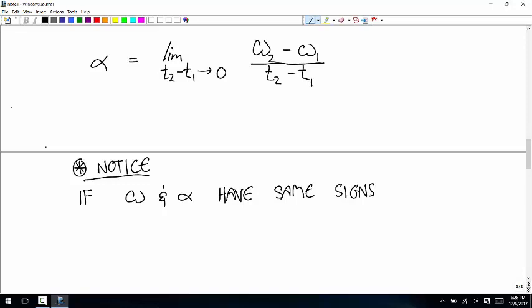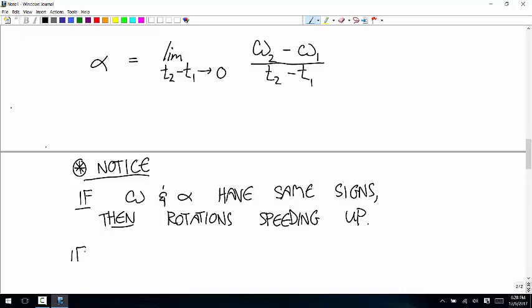So the rotations are speeding up. Exactly. And if omega and alpha have opposite signs, then the rotations are slowing down.